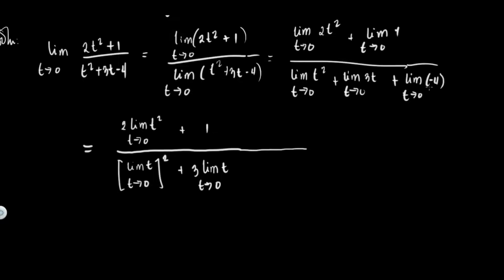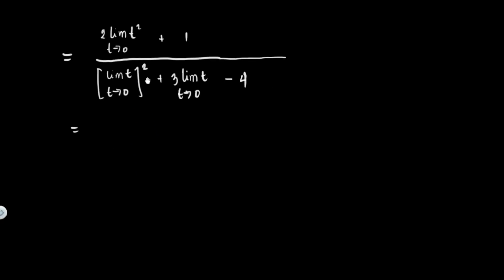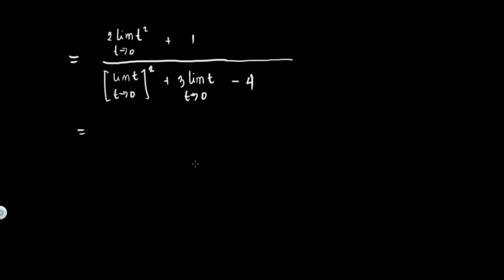Okay? Limit of k equals k. So, ito, ang k natin is negative 4, so minus 4. There you go. Then, yung numerator ulit, 2 limit of t squared. So, ito ay may raised to n. So, pwede rin siya like this, no?